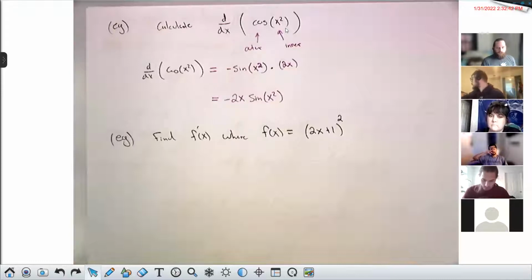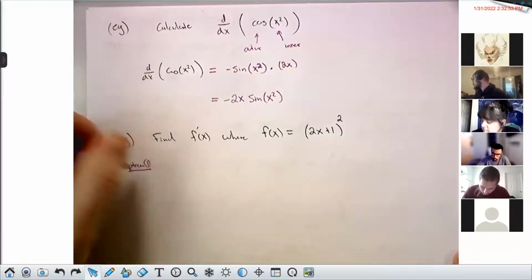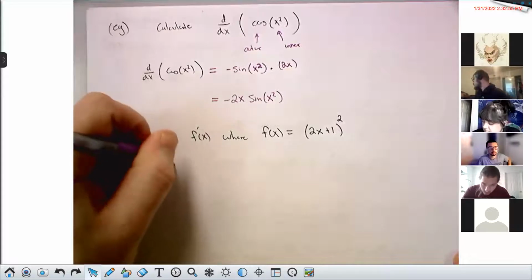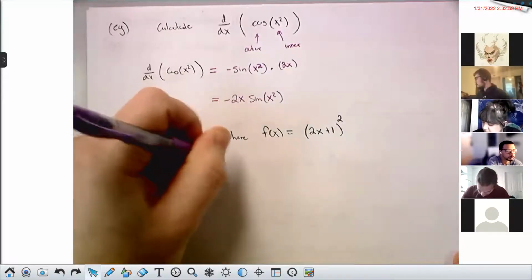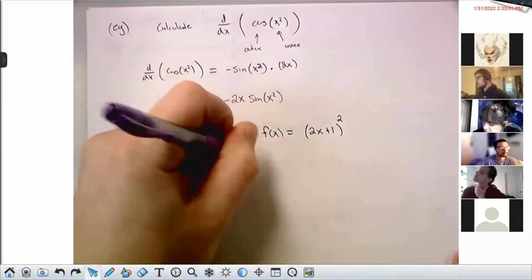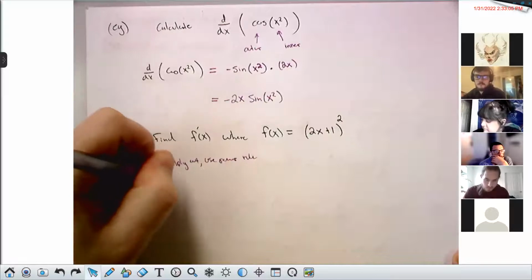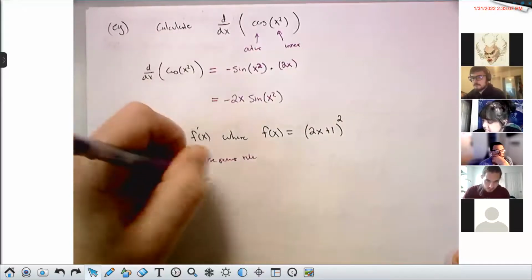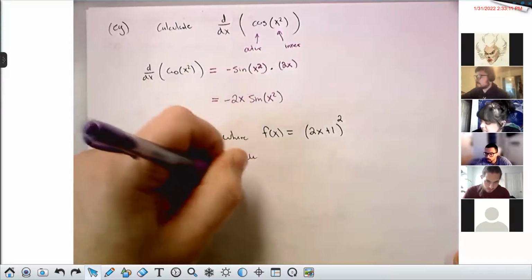You can attack this by foiling everything out and then using the power rule. That's one option. So multiply out, use power rule. How would that look? Well, here, if I go to multiply this out, that's 2x plus 1 times 2x plus 1.